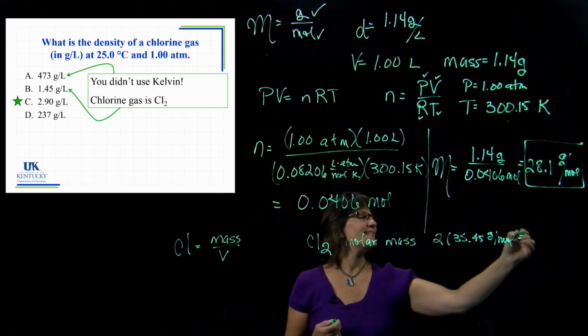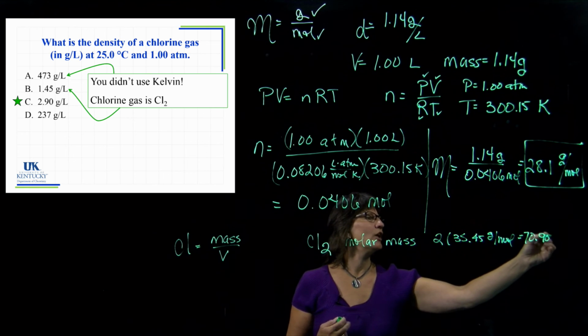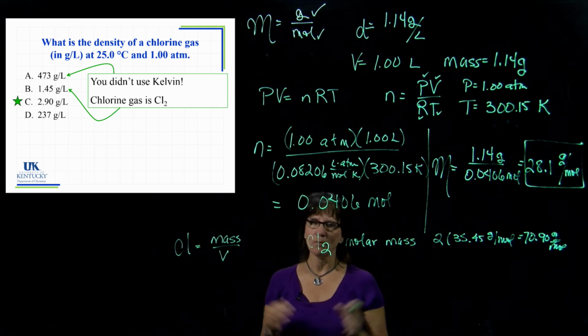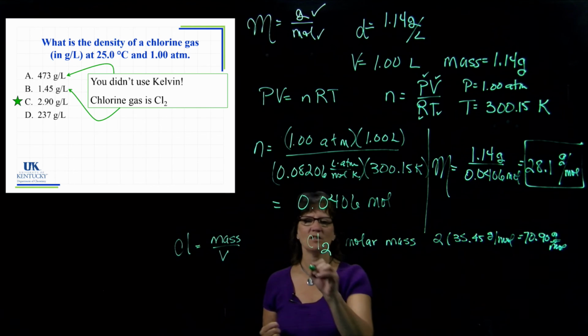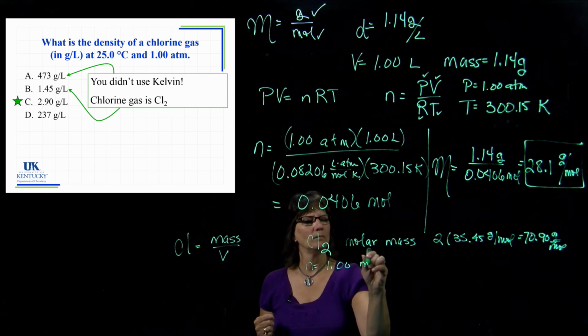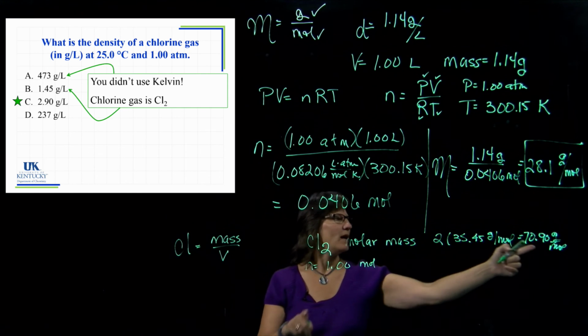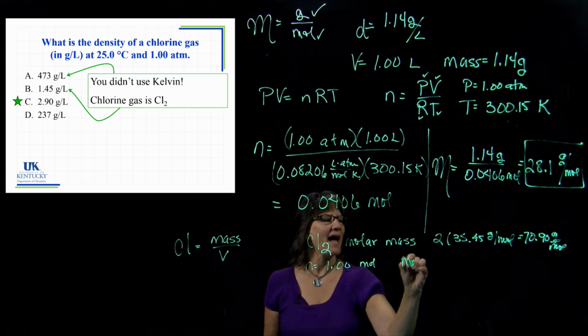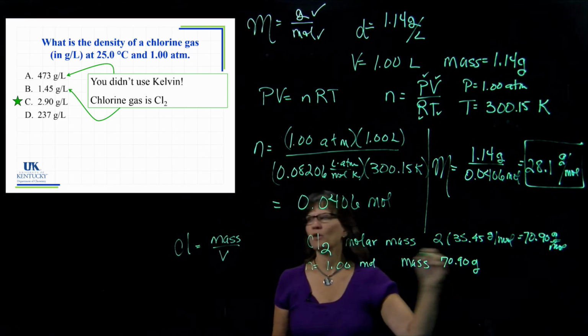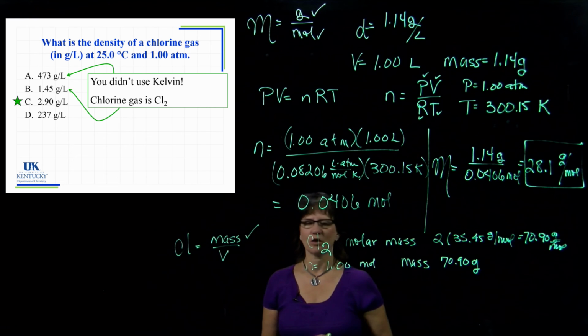So that would be 70.9 grams per mole. So what I could choose is a 1 mole sample of gas, okay? So my n is 1 mole, and if my n is 1 mole, then my mass has to be 70.9 grams. So now I know the top part of this equation.